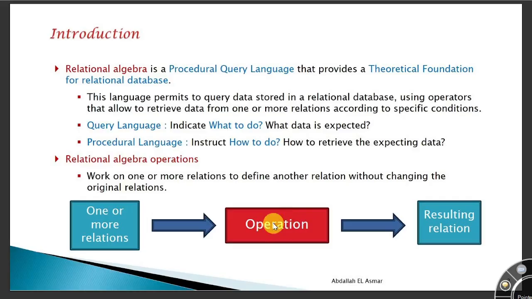These operations may be and, maybe or, maybe some condition like greater than or equal, maybe equal, maybe less than something. So we do these operations on one or more relations to create a new relation. So the game of relational algebra comes here, in these operations.